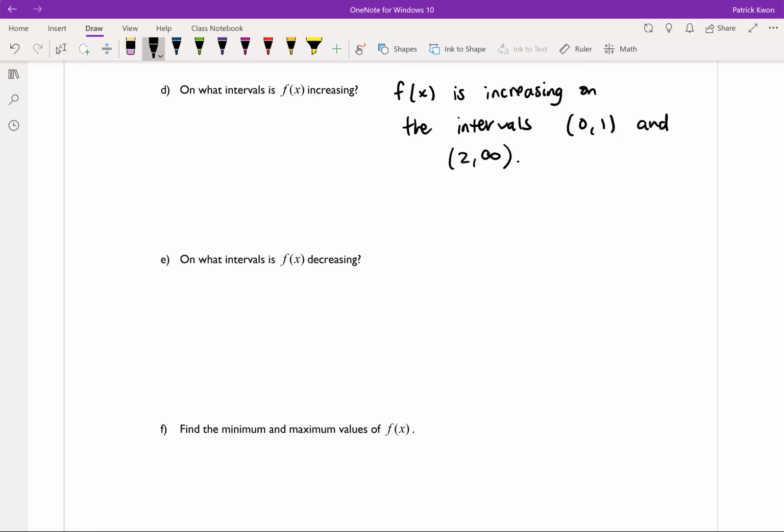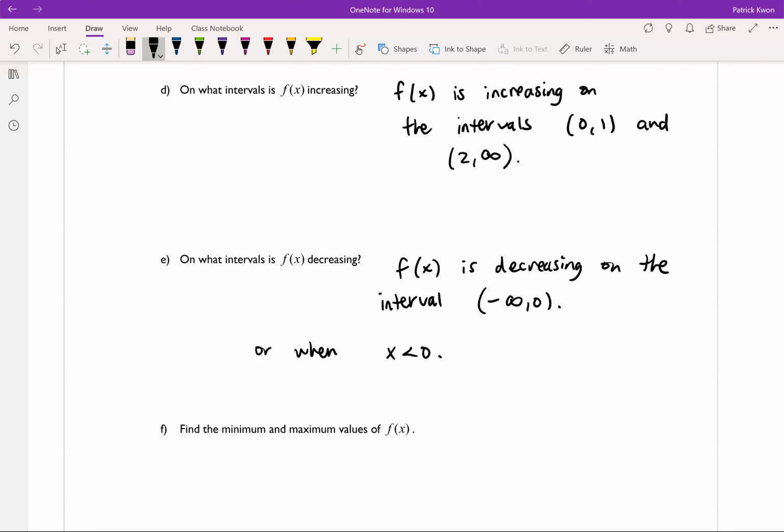So we can write this in a couple ways. We can say f of x is decreasing on the interval -infinity to 0, or we could say when x is less than 0. So either of those is fine.